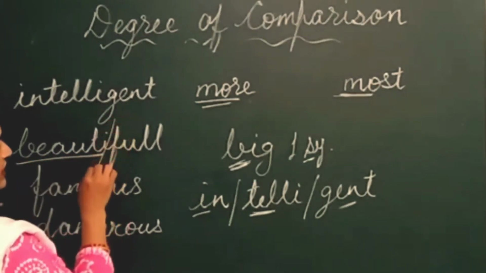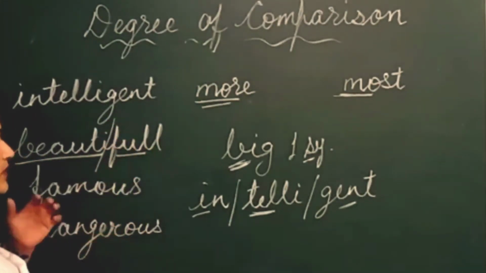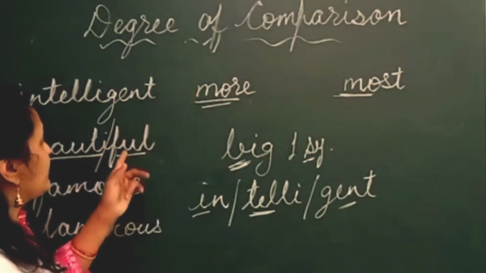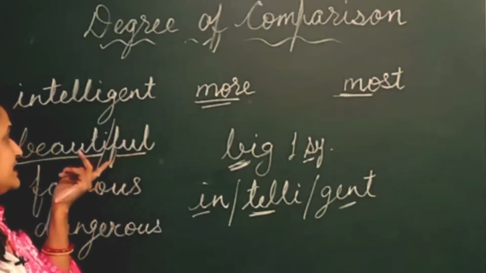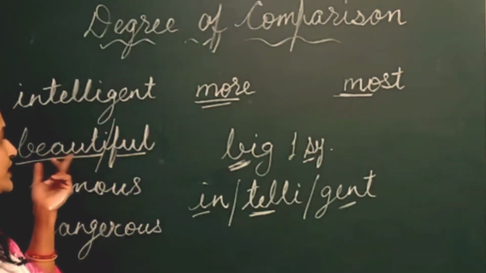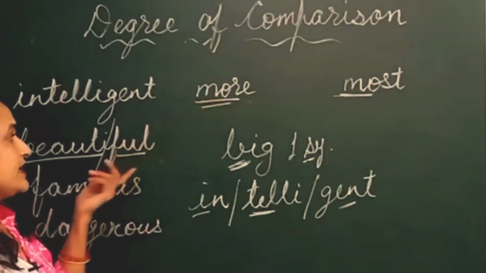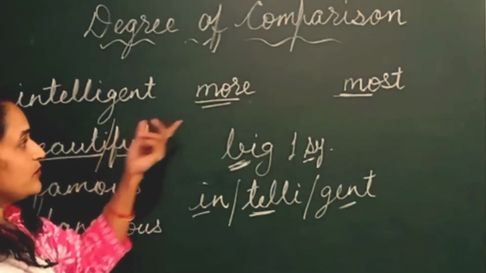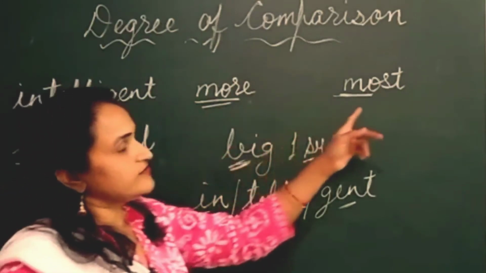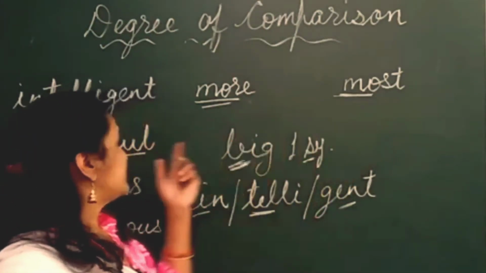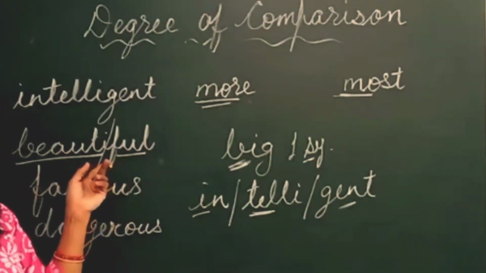It is a three syllable word, beautiful. So with this word we use more beautiful for the comparative degree, and most beautiful for the superlative degree. Okay.